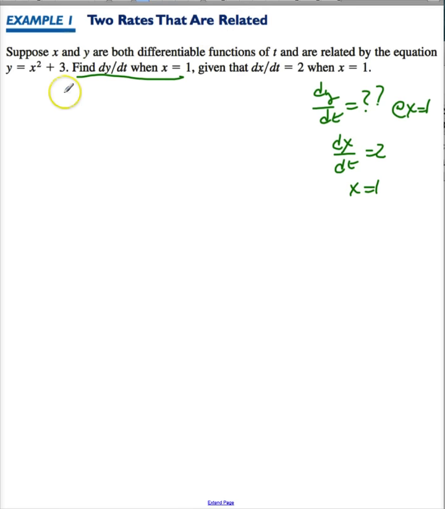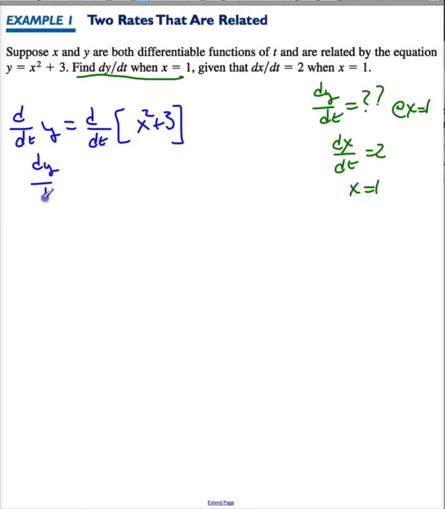So the first thing we're going to do is take the derivative with respect to t of the entire equation. The derivative with respect to t of y is dy/dt. The derivative with respect to t of x squared is 2x dx/dt. We have to use the generalized power rule, plus 0.